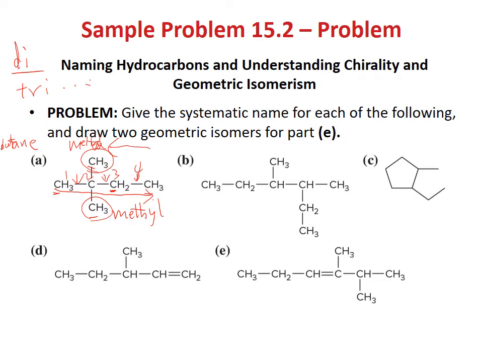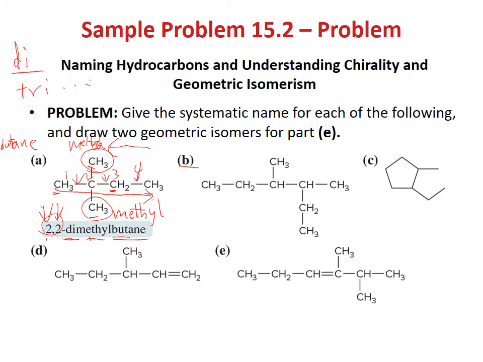So in this case, you have number 2, so 2. Why do you have 2? Because you have 2 alkyl groups. So 2 methyl and 2 methyl, and you combine together, say dimethyl. So 2,2-dimethylbutane. Okay, so that's the A.